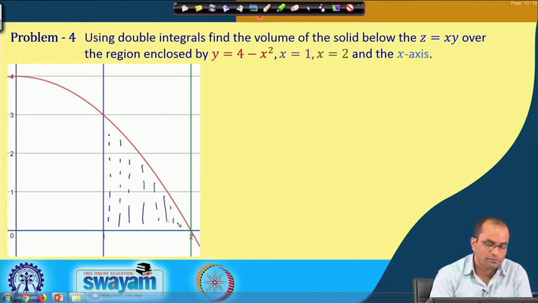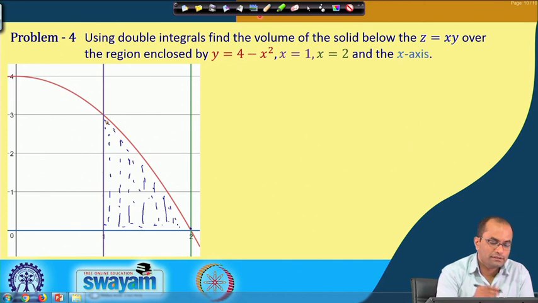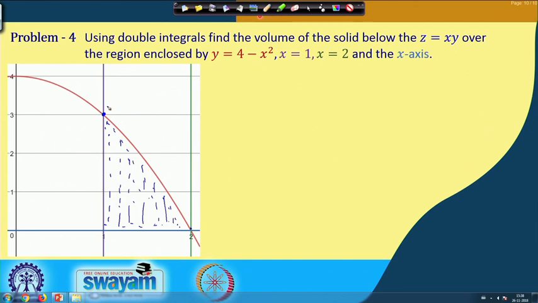The line x is equal to 2 does not play a role here, because it is precisely passing through the point of intersection of this parabola and the x axis. So, even if we remove x is equal to 2, the region enclosed will be the same. Now we also need to get this point here. That is pretty clear: when x is 1, y is 3.